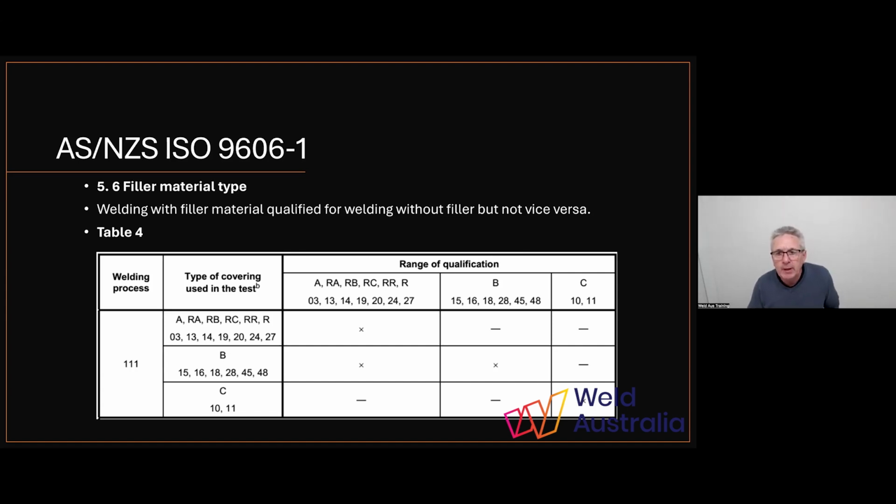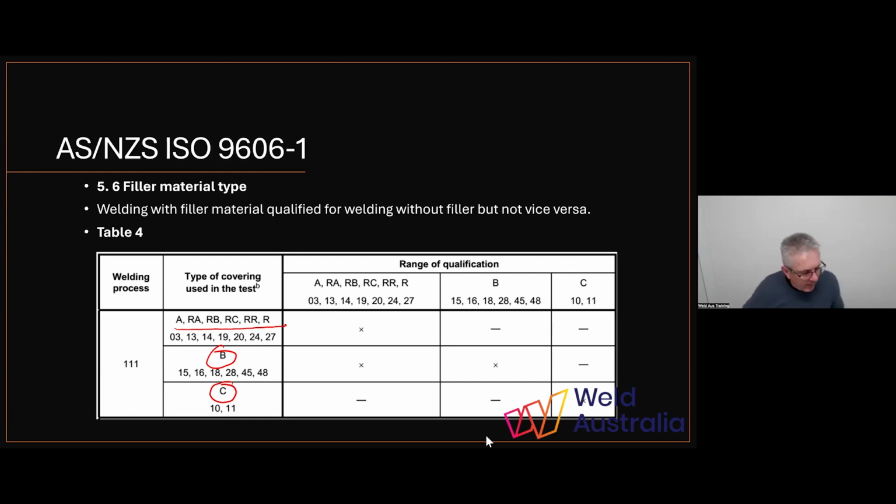So if we have a look at filler material grouping, it's basically saying we've got the process, we've got manual metal arc, and then, of course, we've got our cellulose, basic, and so forth like that. All right. Remember, these are the last two digits on your consumable. So 10 and 11 is the cellulose, 12s, 13s, and these are the flux coatings.